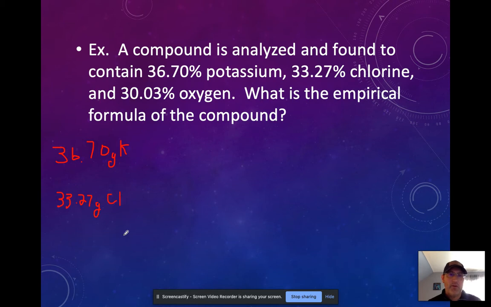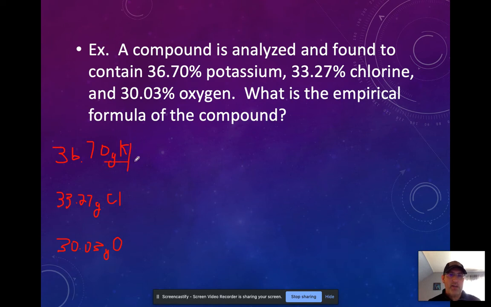And we're also going to have 30.03 grams of oxygen. Okay, so we're going to write all those like that. Okay, so here's our amounts. So step 2, change these to mole amounts.